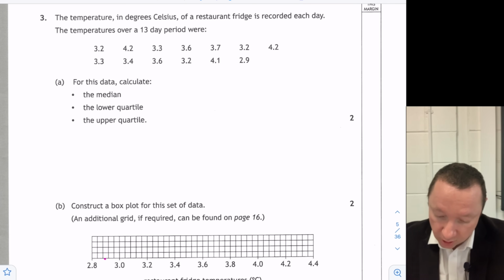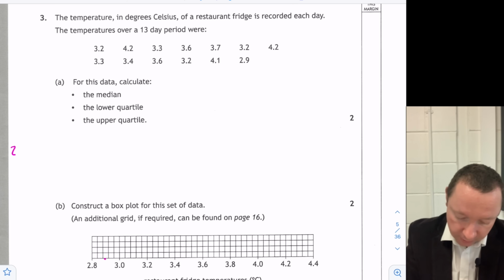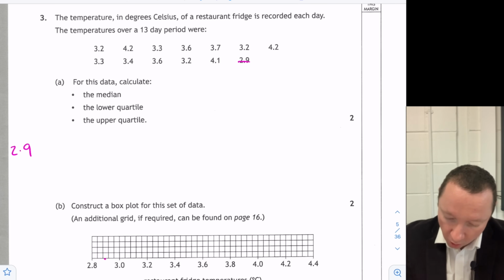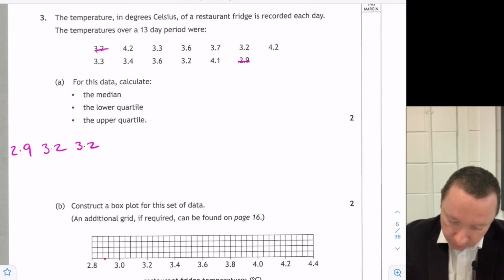Let's look for the smallest number, 2.9, as I see. After 2.9, we have 3.2, and another 3.2, and then a 3.2 again. Then a 3.3, then another 3.3.